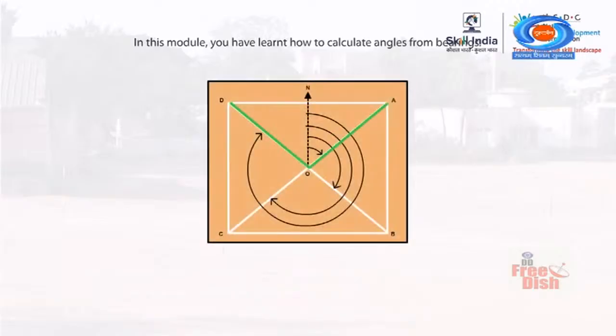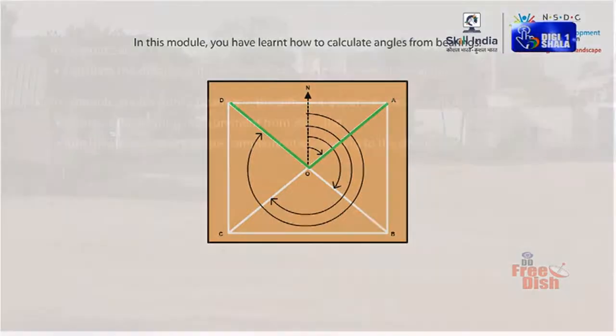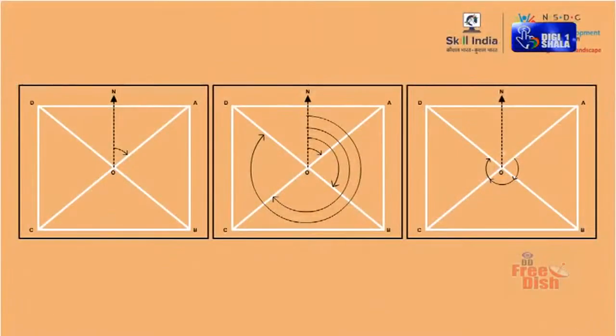To calculate an angle from a bearing in a different quadrant after the whole circle bearing, subtract the bearing measurement from 360 degrees and add the measurement of the complementary bearing to the difference. You have seen how to compute angles from bearings while carrying out the survey of a site using a compass.